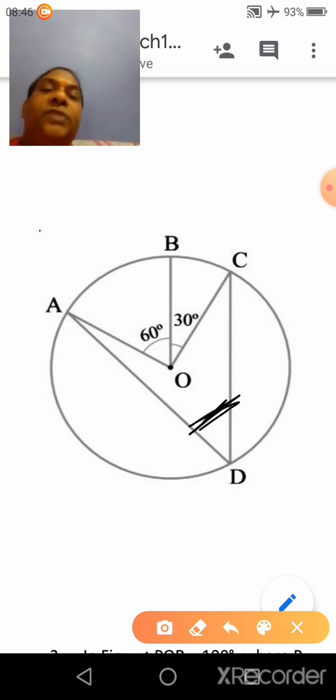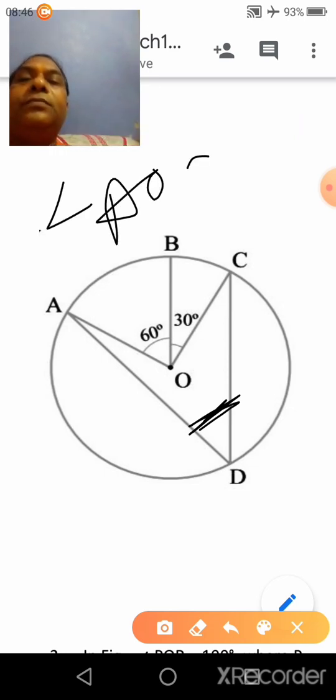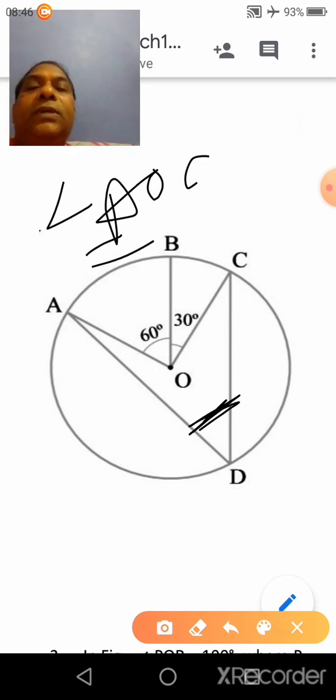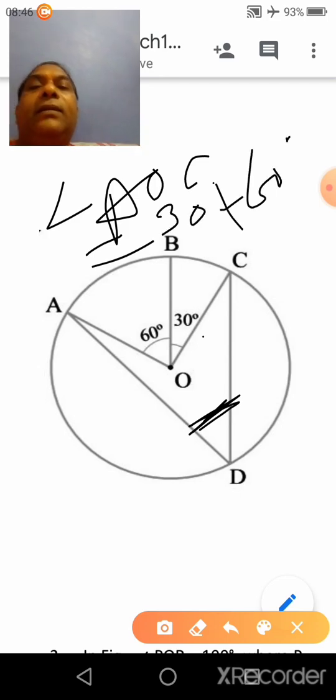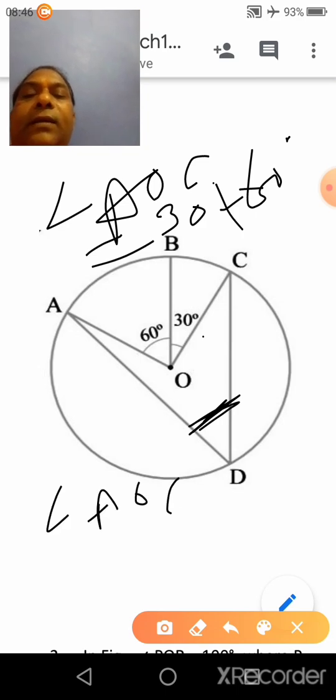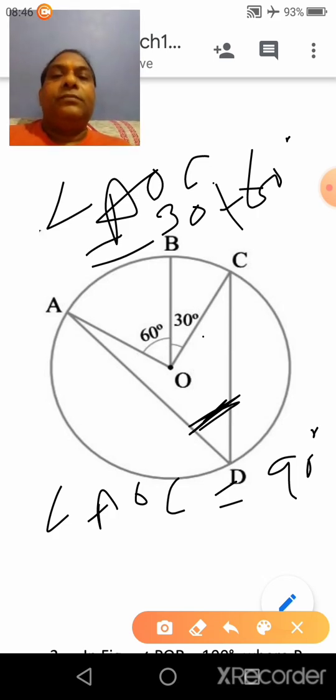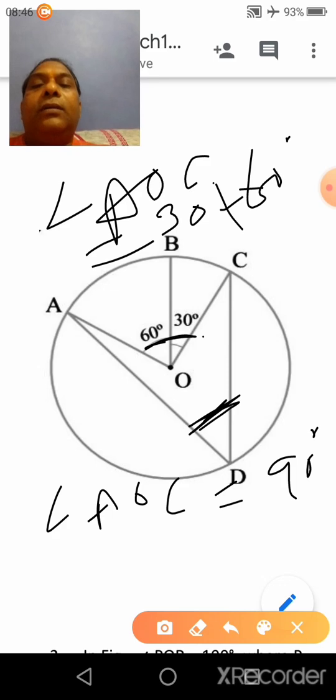Clear? Now angle AOC is equal to 30 degree plus 60 degree. So angle AOC is equal to 90 degree. Clear? 90 degree.